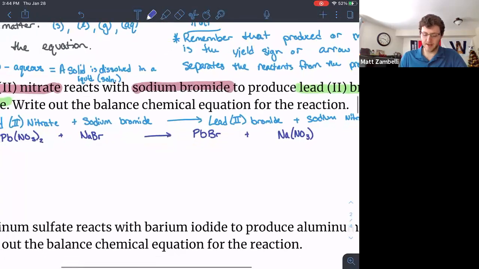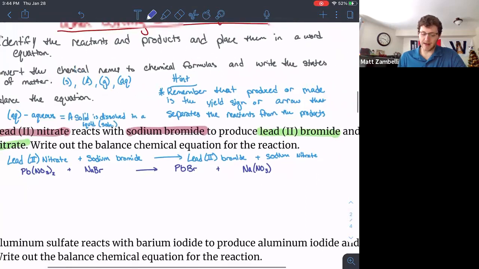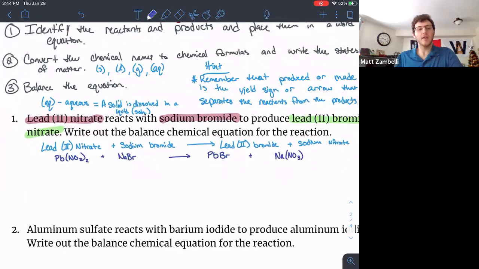All right. So before we can balance this equation, it does say we need to write the states of matter. So where do you think we're going to look to try and identify these states of matter? If you had to guess, it doesn't have to be the right guess.